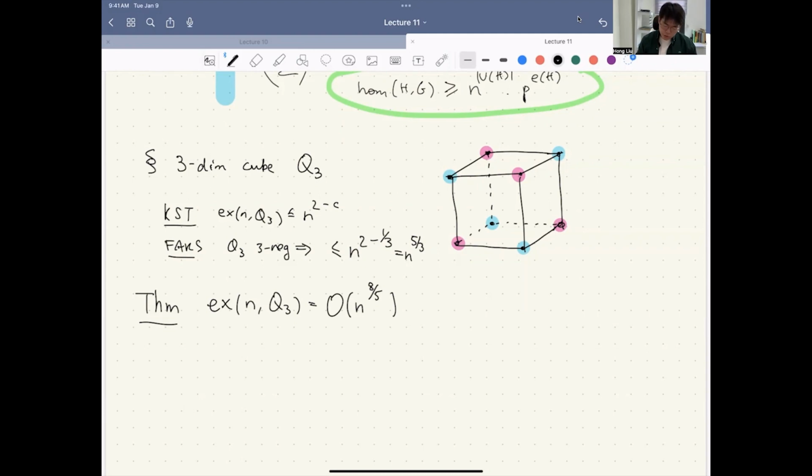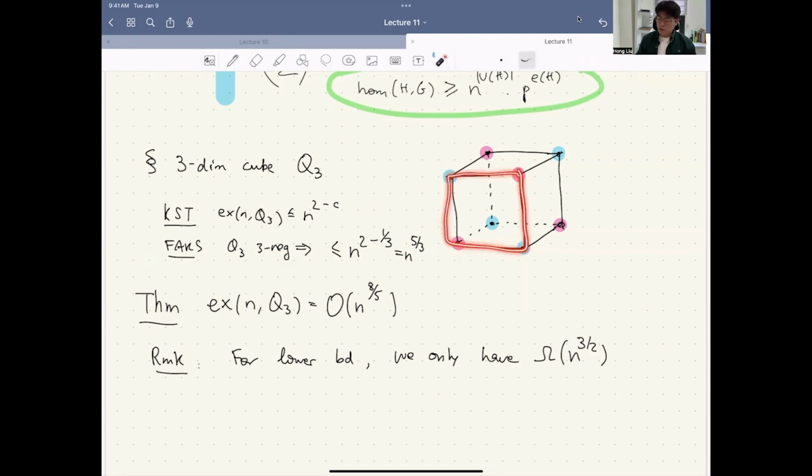Here, for the lower bound, embarrassingly, we don't know anything better than n to the 3/2. This just comes from forbidding C4.